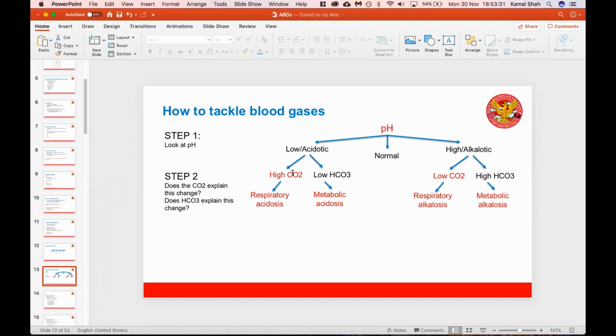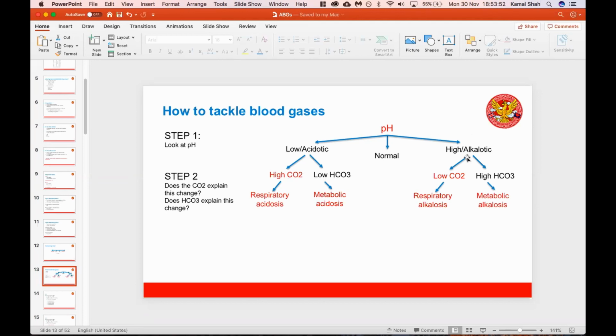So is there a high carbon dioxide? And if that's the case, we know we've got a respiratory acidosis. Okay, but if the CO2 isn't high and we've still got an acidosis, it should be a metabolic acidosis, but let me just check, because we'll have a low amount of bicarbonate.